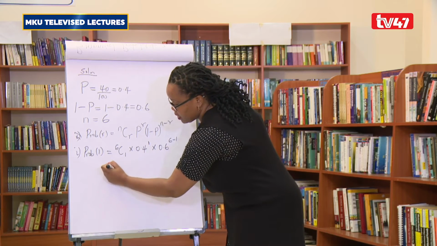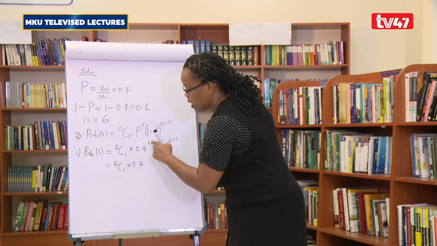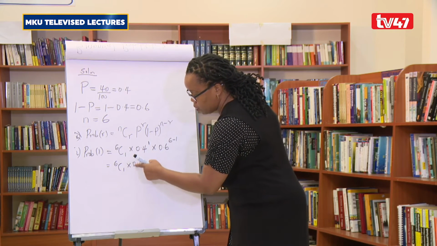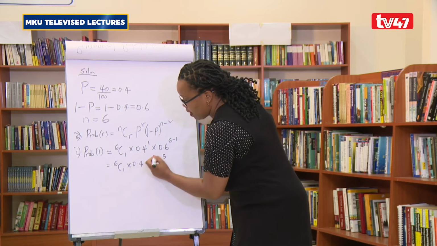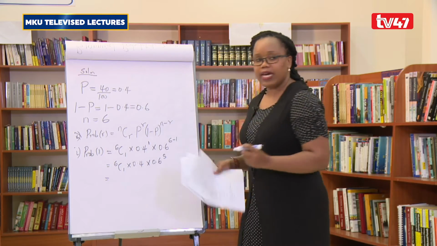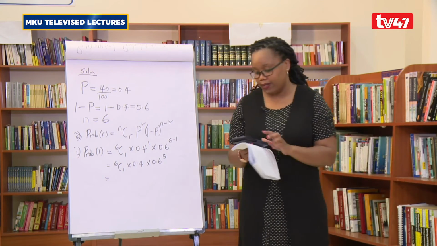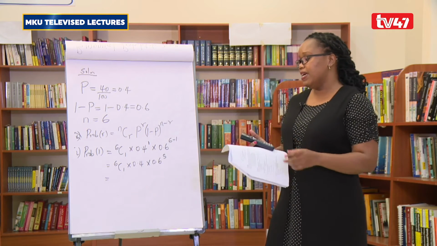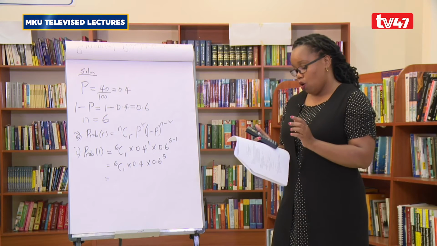Let me just rewrite this. 6 combination 1 times 0.4. Of course, anything raised to power 1 is still itself. So 0.4 times 0.6 raised to power 5. So if we take our calculators and calculate this, what do we find? It's a probability. Remember, the values should range between 0 and 1.